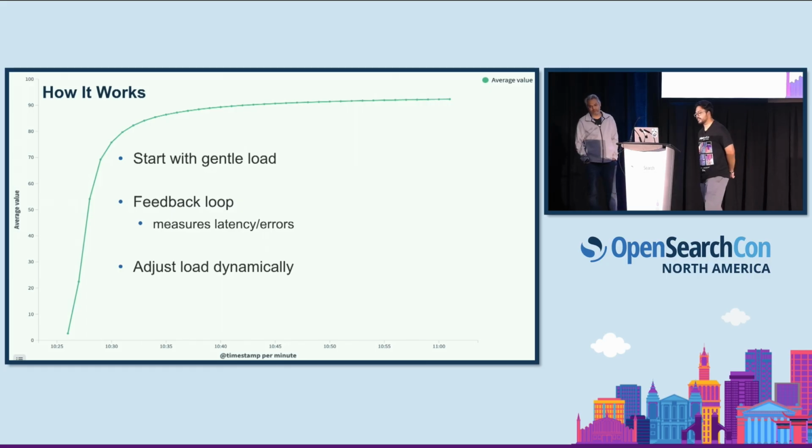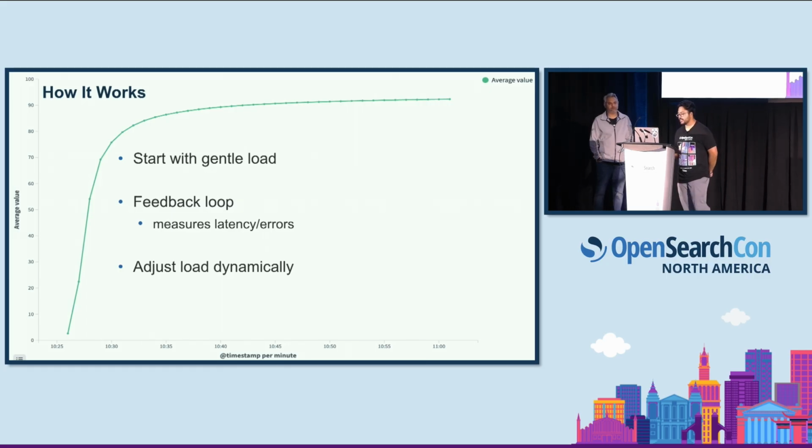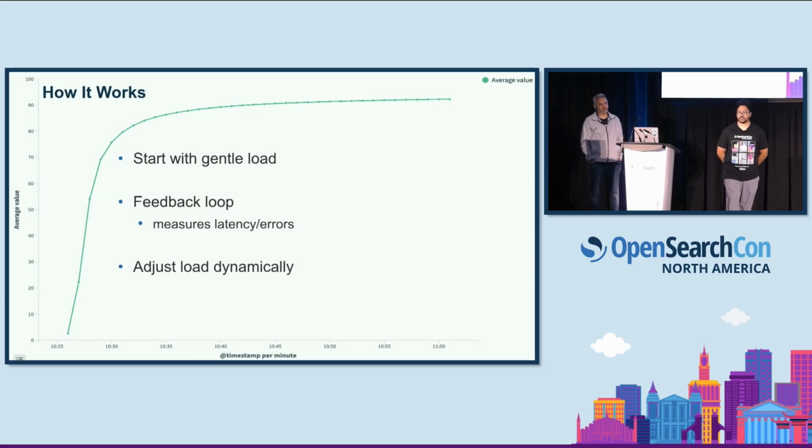As you can see in this chart in the background, this is showing the average throughput count for my cluster during a redline test. The general behavior is to slowly ramp up the throughput at the beginning, and you can see it taper off towards the top where we've found this ceiling for my cluster.